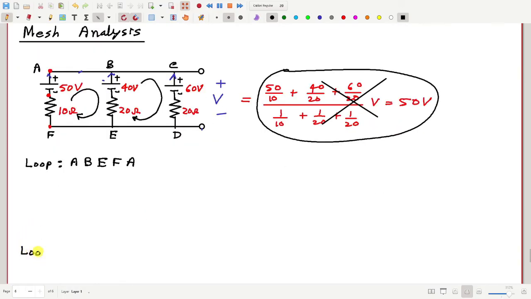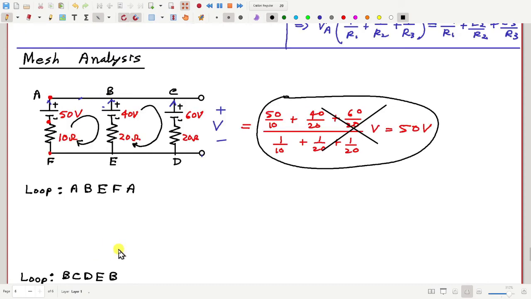You can also consider another loop starting from B, going to C, D, E, and back to B. To solve this circuit, we will use Kirchhoff's voltage law, KVL, applied across these loops.